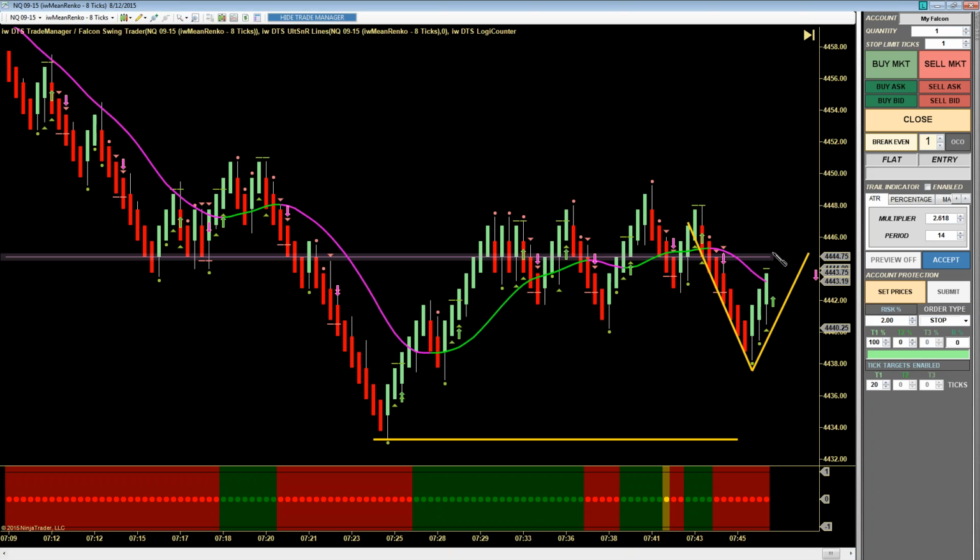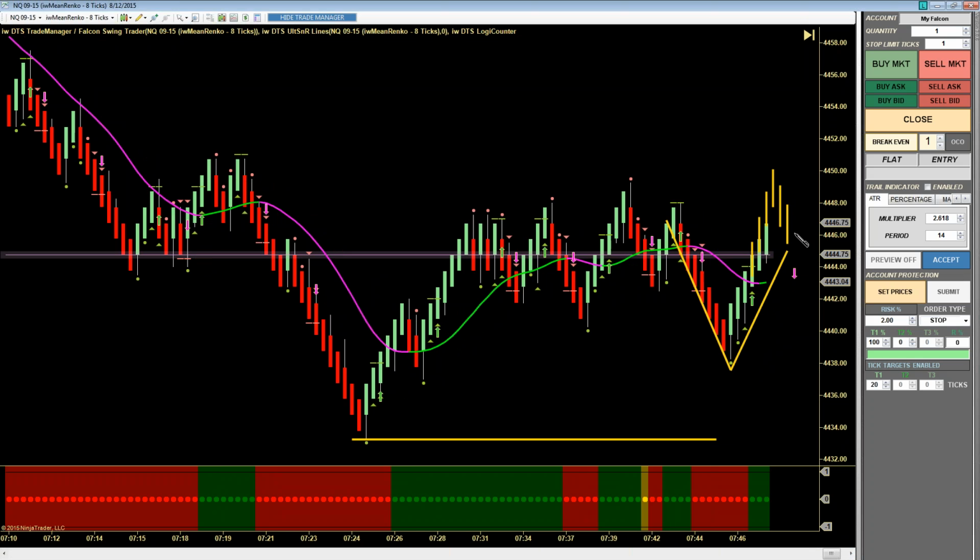Had the buyers managed to push the market to a new swing high or even to the old swing high, this would have made the market very bullish, and we could have anticipated another swing to occur, something like this, at which time the Falcon would have printed a buy signal. And we could have bought that with some confidence because now we have seen the sellers lose control of the market and the buyers gain control of the market.